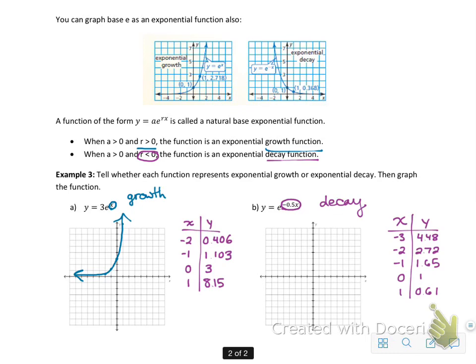And once again, we're just going to take our numbers and plot them as best as we can. So we're here, negative 2, 2.72, negative 1, 1.65, 0, 1, and 1, 0.6. And that makes our curve. And it is going down.